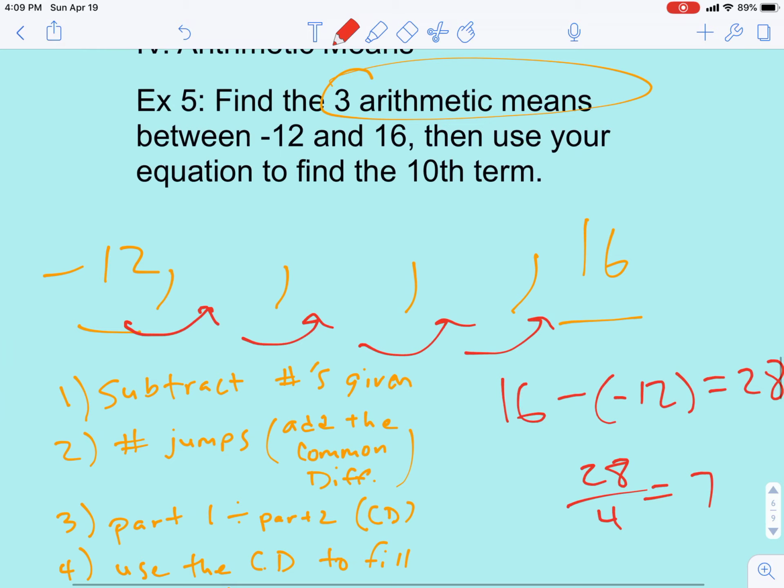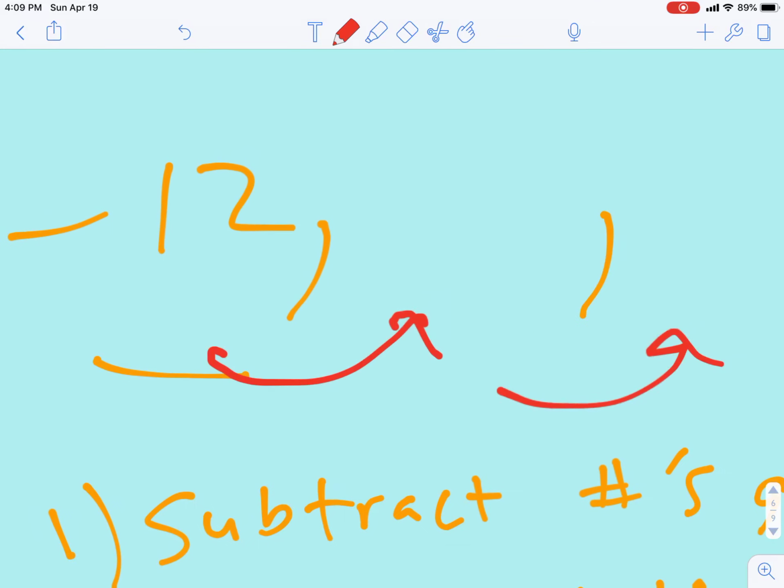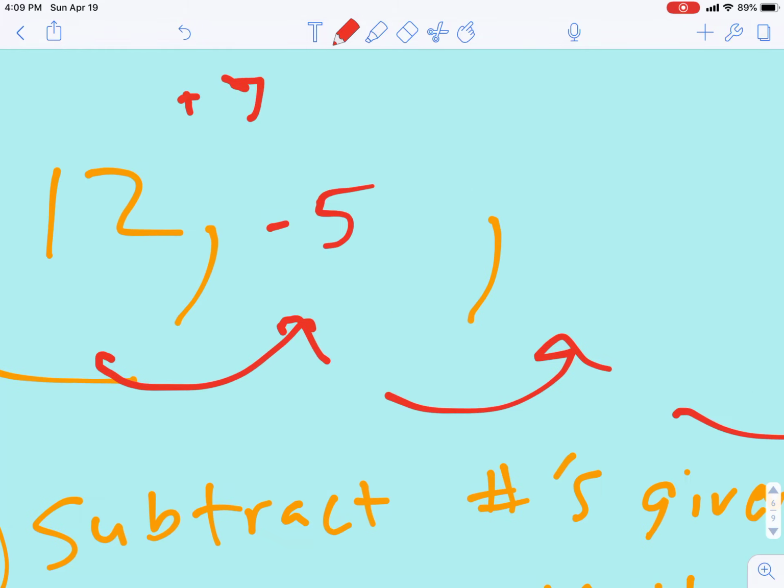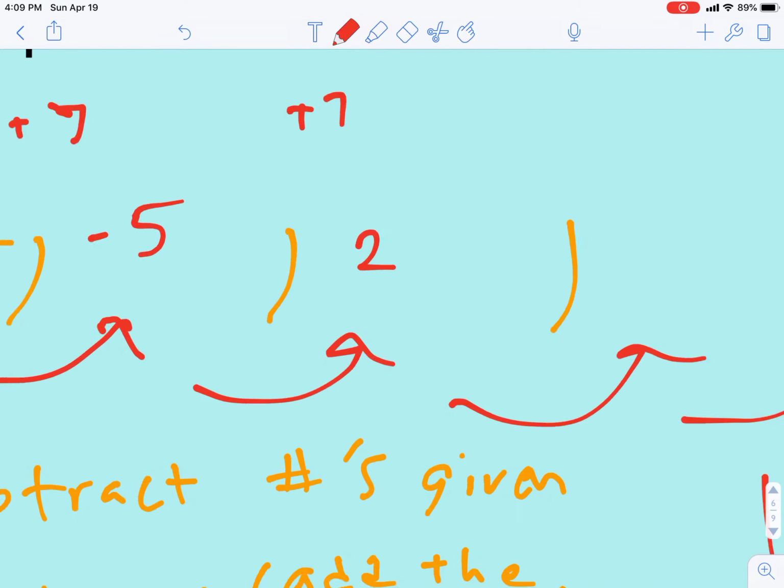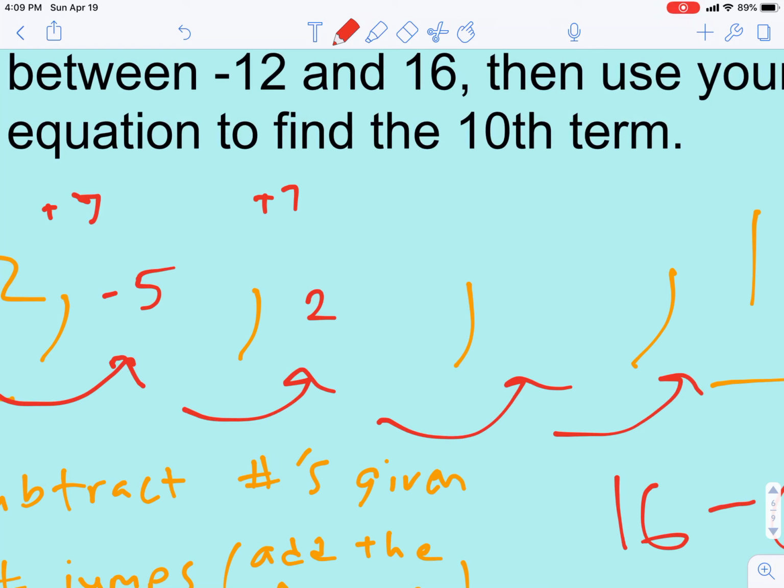So now I can go back up to our sequence, and now I'm going to add 7. Then I'm going to add 7. Then I'm going to add another 7. 2 plus 7 is 9. And then this is how you know if you get it right or wrong.